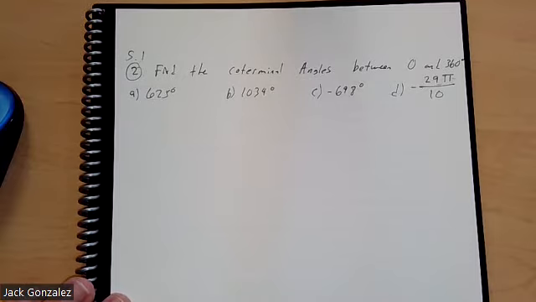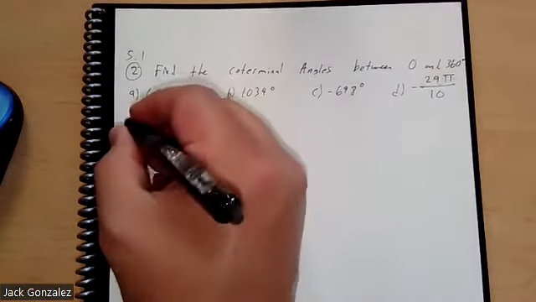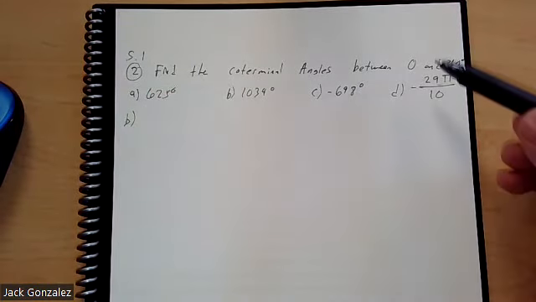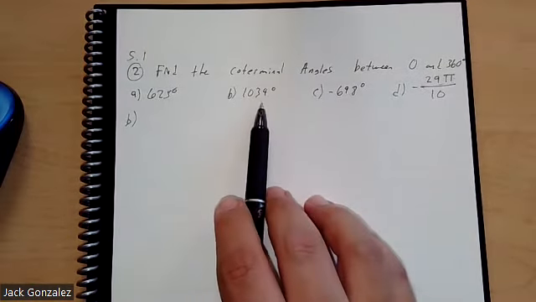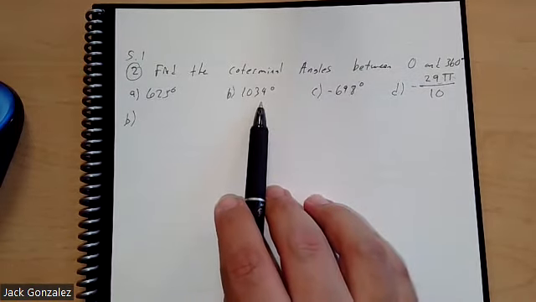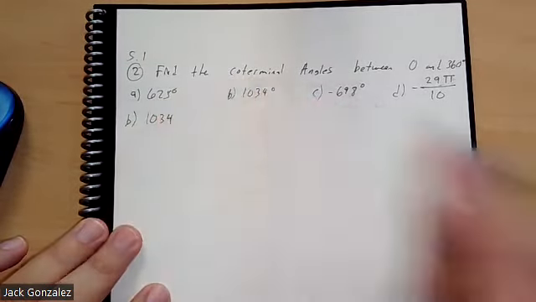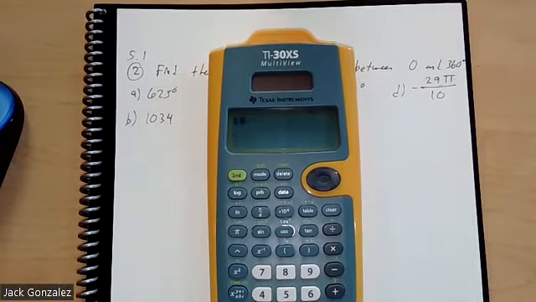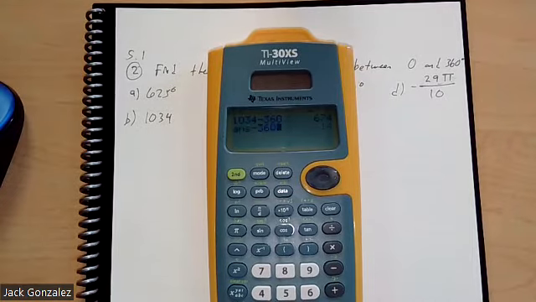All right, let's do B, I guess, first. To find the coterminal angle between 0 and 360, if it's bigger than 360, just keep subtracting full circles. So you can do that on your calculator real quick if you want to. 1034 minus 360 minus 360.